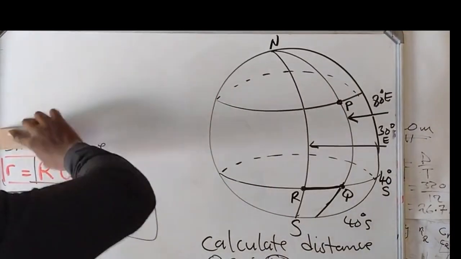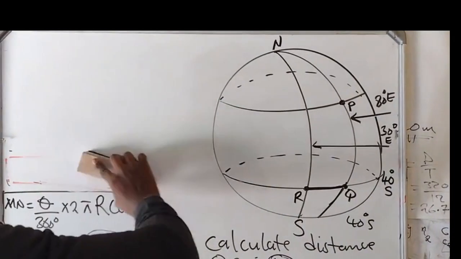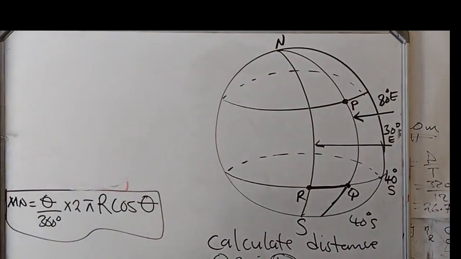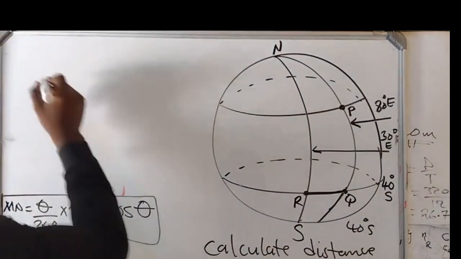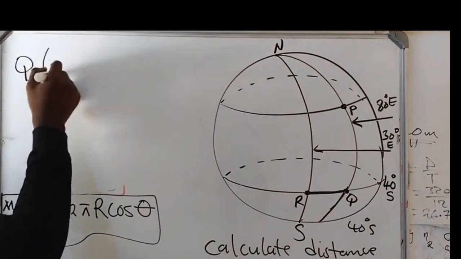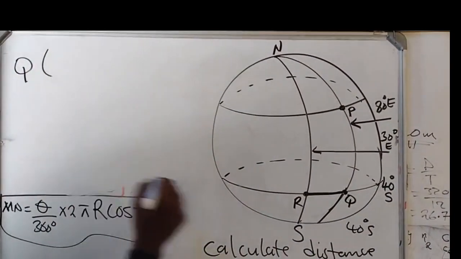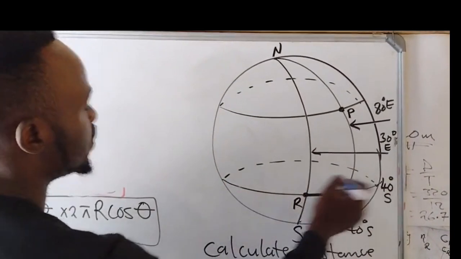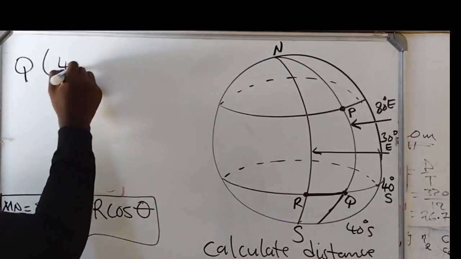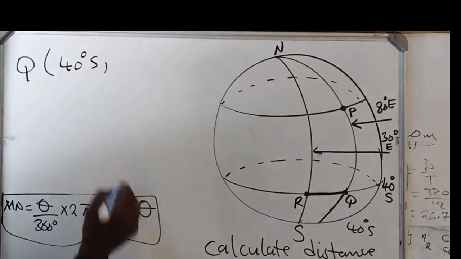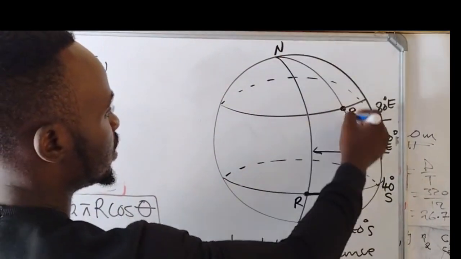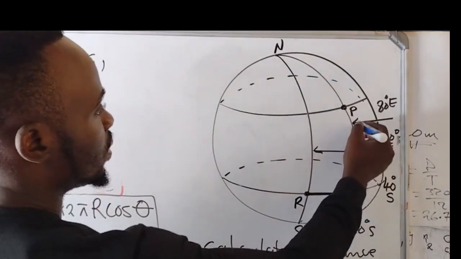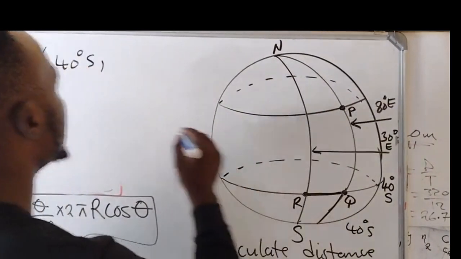Since we want to calculate the distance QR, for Q, they're having the same latitude of 40 degrees south, comma. Now, on which longitude is it lying? You can see here, 80 degrees east.